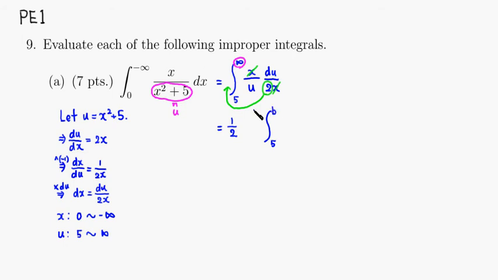Then let's clean this up. You have a 1 over u, and du is what's left because the 2 is taken care of and the x's are canceled out. Then we take the limit as b approaches positive infinity.